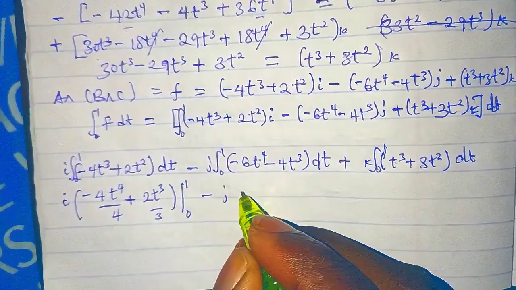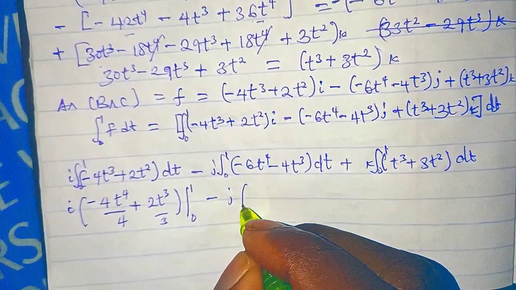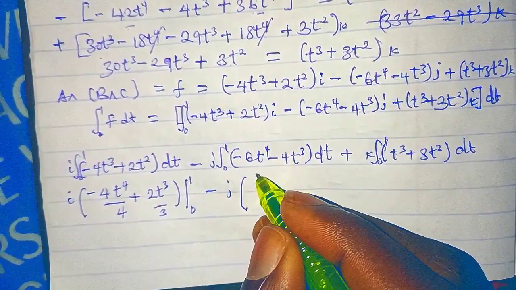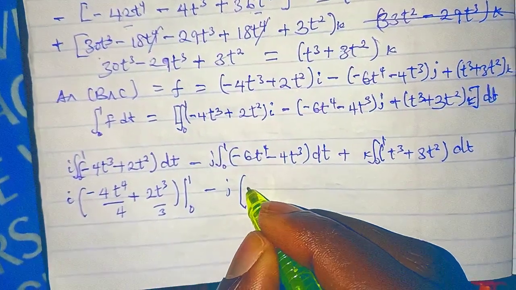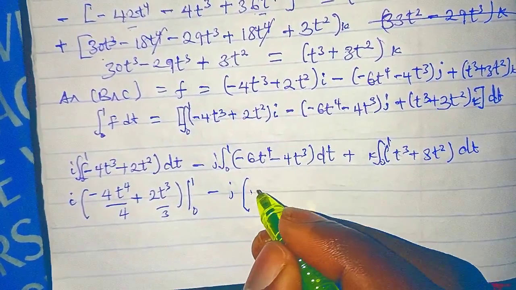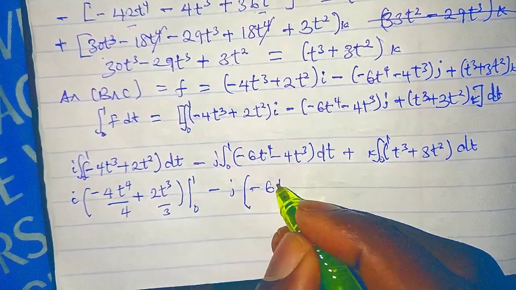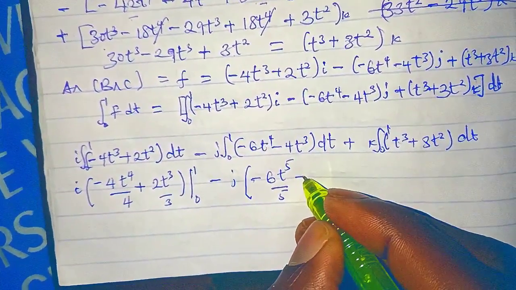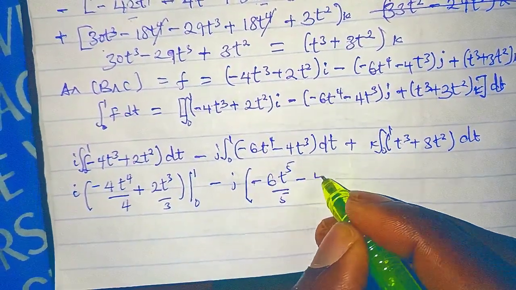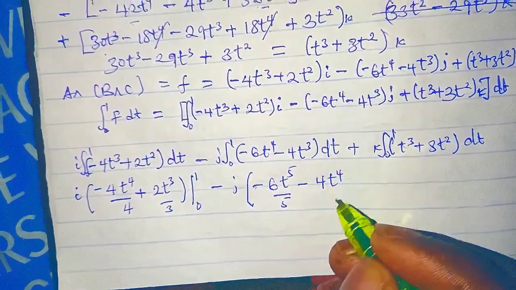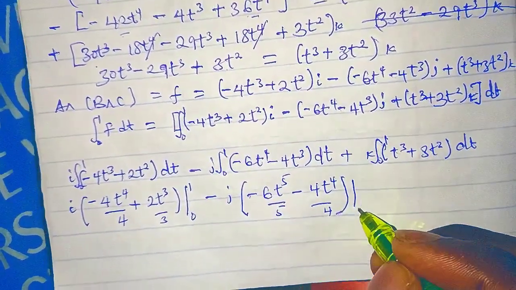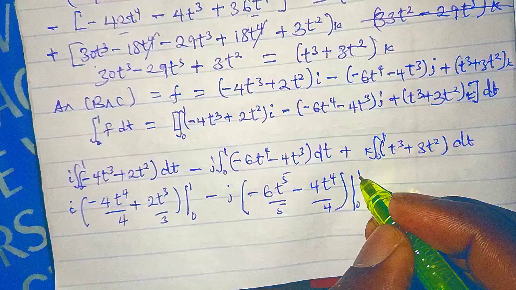Minus j: if we integrate, we get 6t to the power 5 all over 5, minus 4t to the fourth all over 4, and you take your limit from 0 to 1.